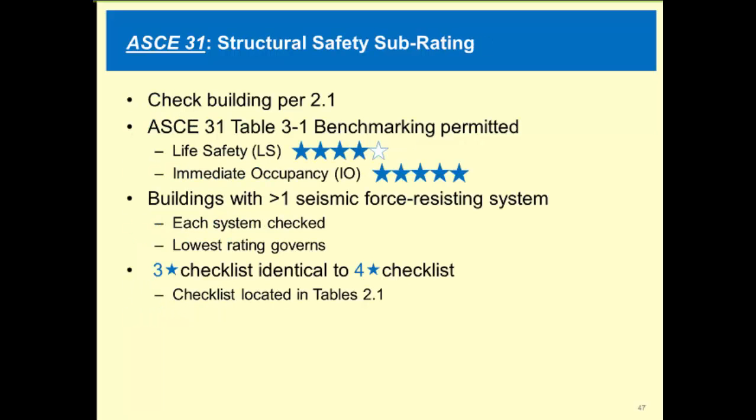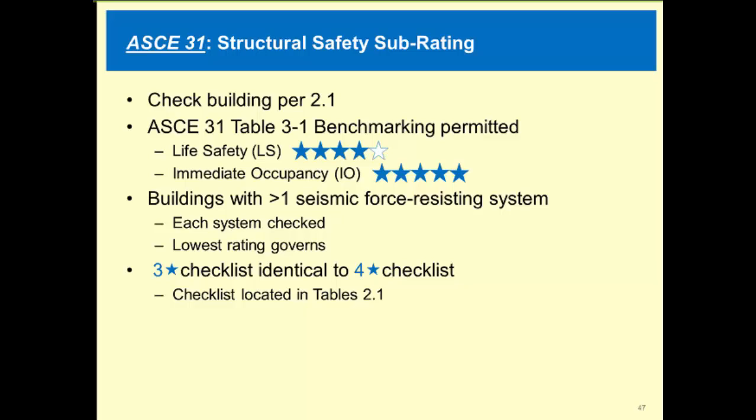All right, so now getting into the structural safety sub-rating, going back to the ASC 31 translation, you'll check your building per section 2.1. Like I said, benchmarking is permitted. So if you go into ASC 31 Table 3.1 and you satisfy the life safety requirements, you can stop there.